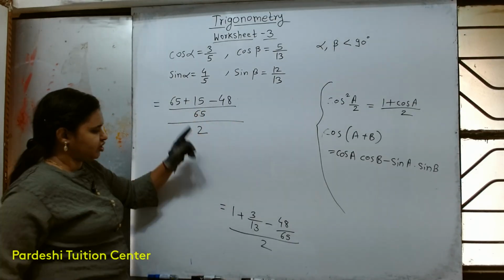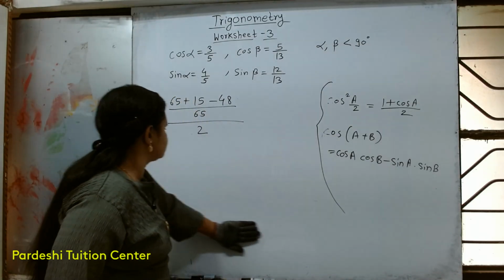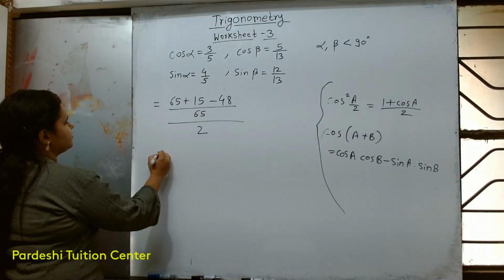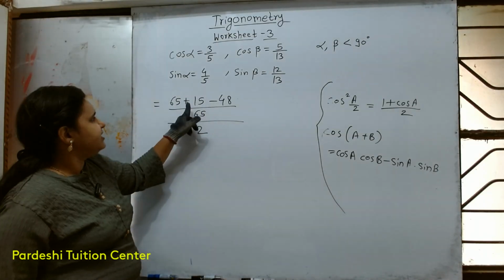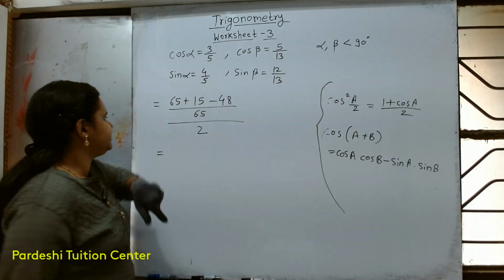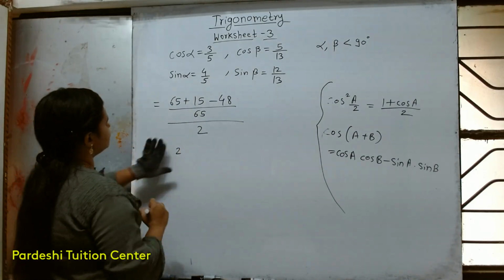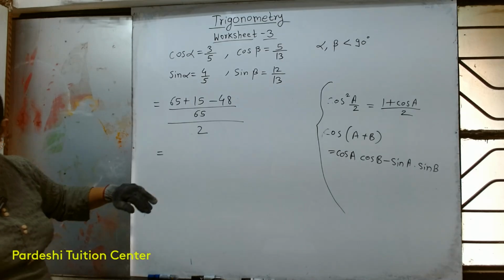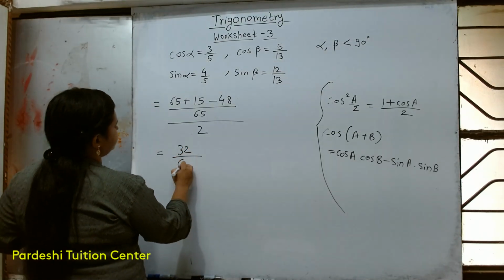The denominator we have taken as the LCM, 65. So 65 plus 15 is 80, and 80 minus 48 is 32 upon 65.